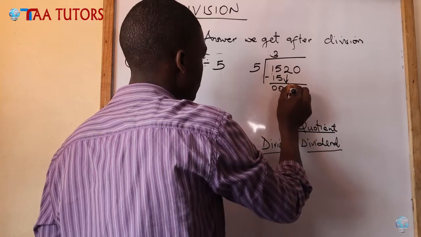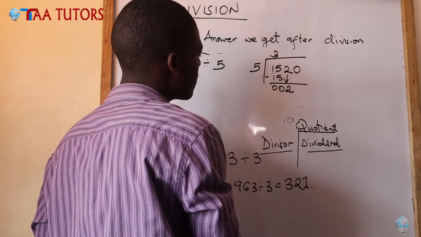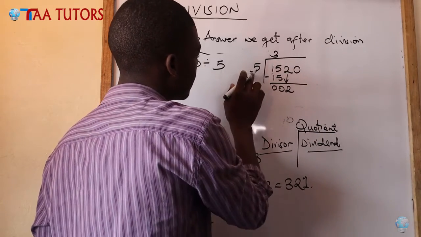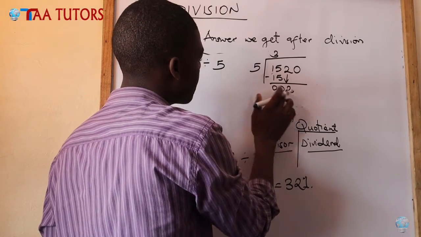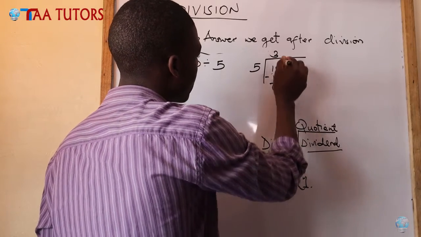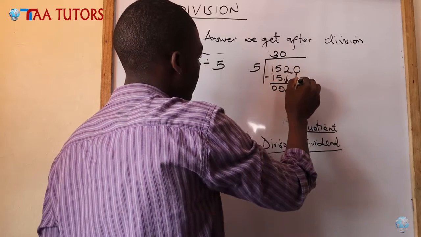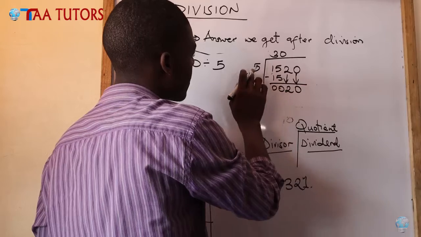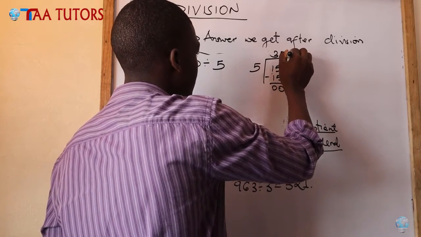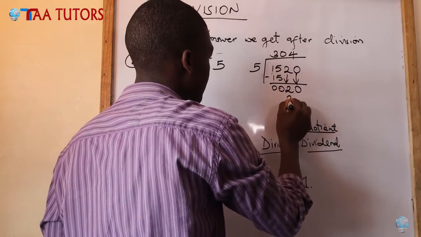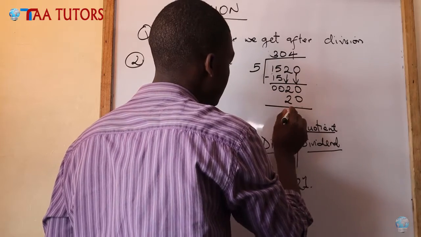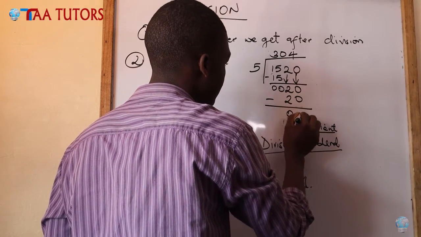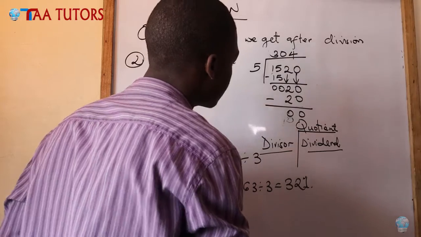We drop 2. 5 cannot divide 2. So we will write 0 and drop this. That one is now 20. So 5 into 20 is giving us 4. This one, 20. The answer we get down here is 0, 0.